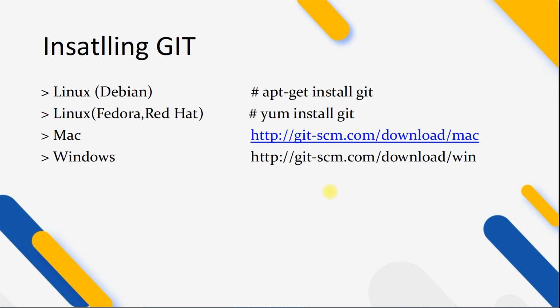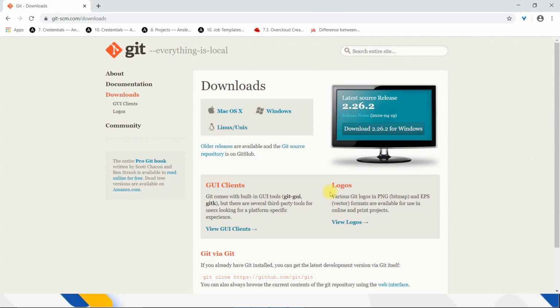So let me show you the demonstration part first. Before that, I will show you how to download it. Let me go to the browser. This is the URL you have to type, git-scm.com/download. If you want to download for Windows or Mac, you can use /win or /mac, but if you open it, it will show you which page to download from. Here you just click, and it will download.